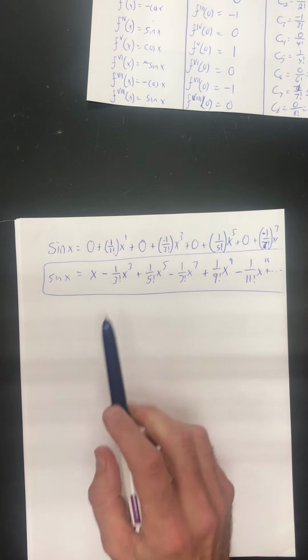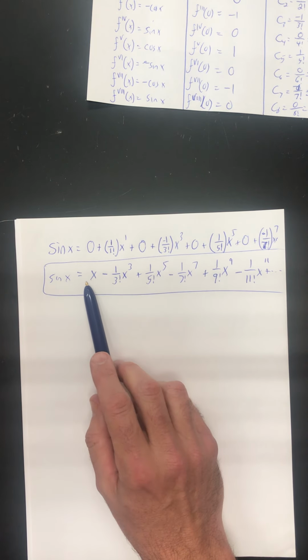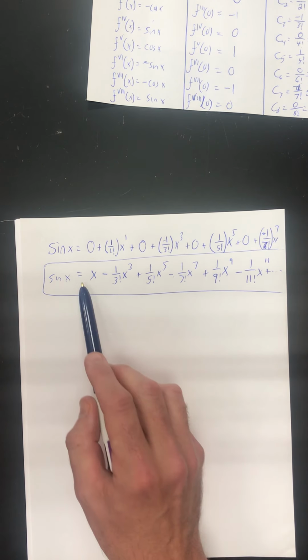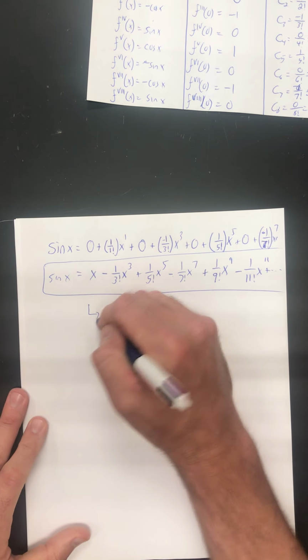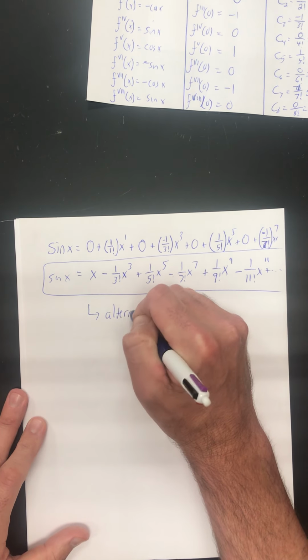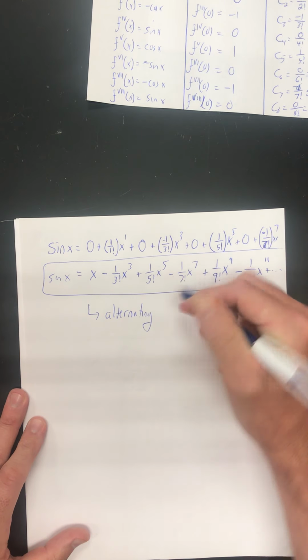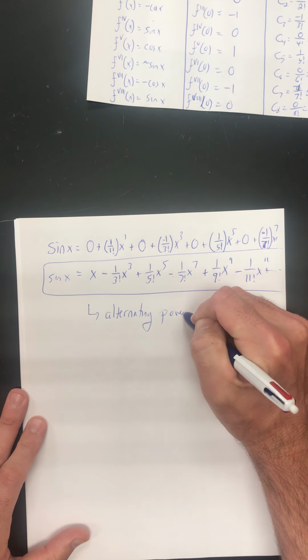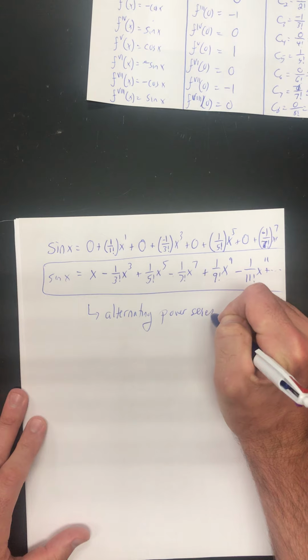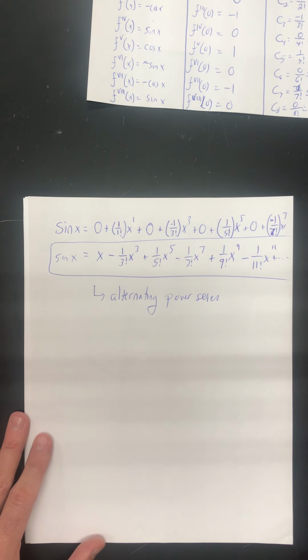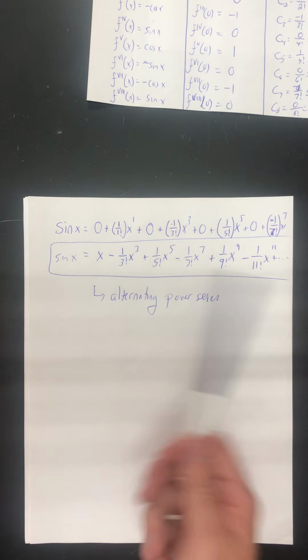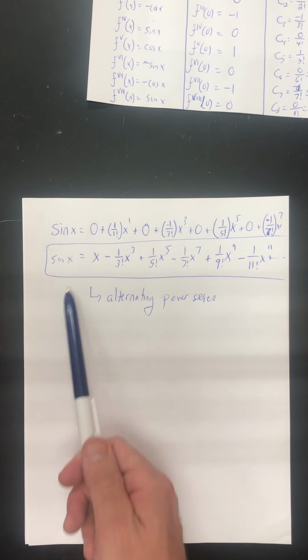Now, the next thing I want you to notice here is that the series goes positive, negative, positive, negative, positive, negative. There's a name for that. This is called an alternating power series. Okay? When the terms alternate every term between positive and negative, there you go. And we're going to see what this is doing to the value, because really what happens here, if you think about what we're doing, is we plug in a value.